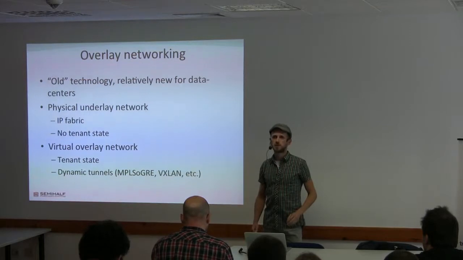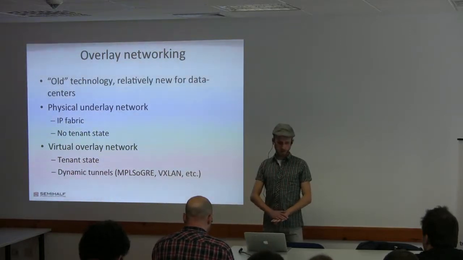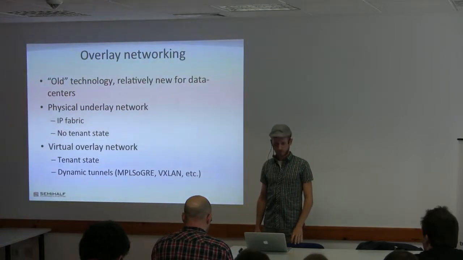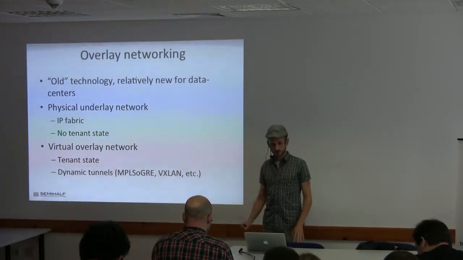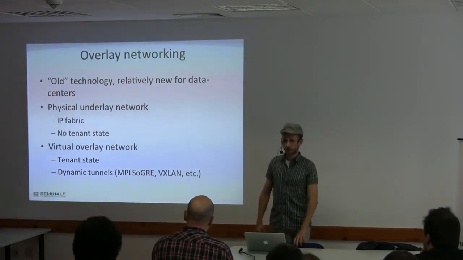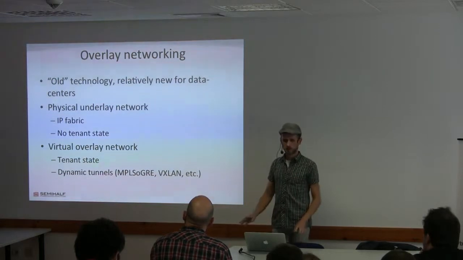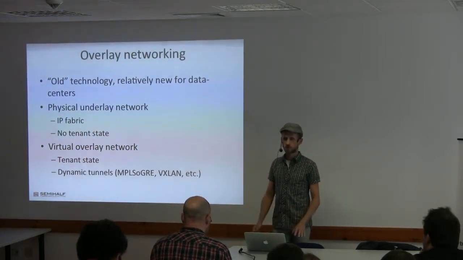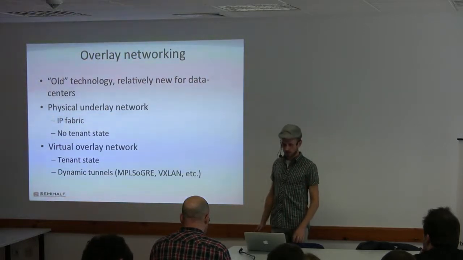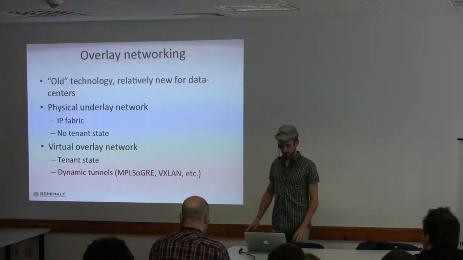And what it does, it separates the physical and the logical or virtual networks from each other. The physical underlying network is called in the OpenContrail nomenclature the IP fabric, and it contains no tenant state. You have no information about virtual networks in the physical network.